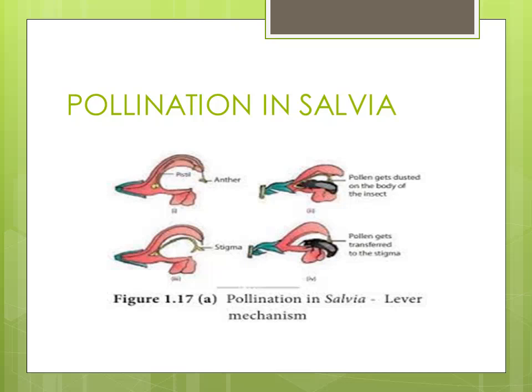So the labium, otherwise they call it labium. Upper labium, lower labium. Just like how we have a mouth with an upper lip and a lower lip, it is like that. So the upper lip is slightly curved and the lower lip is like a platform. So in the second picture you can see the lower lip is like a platform.